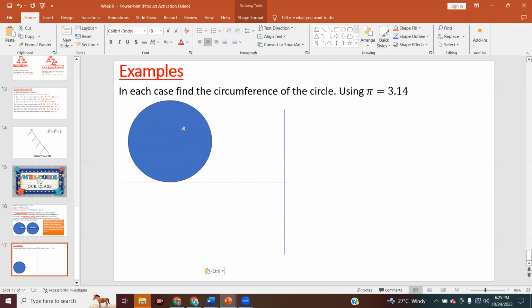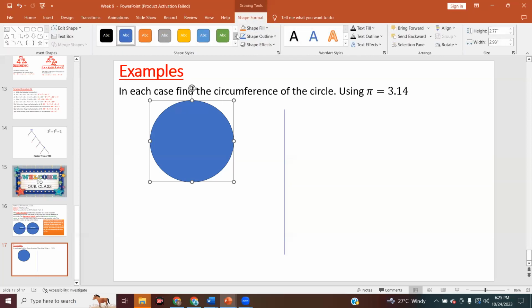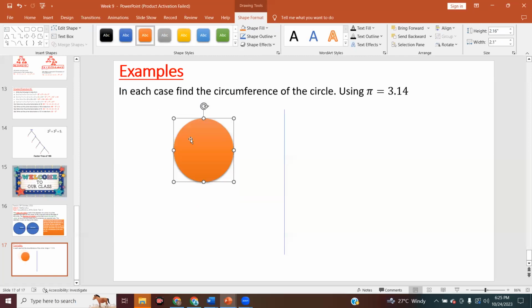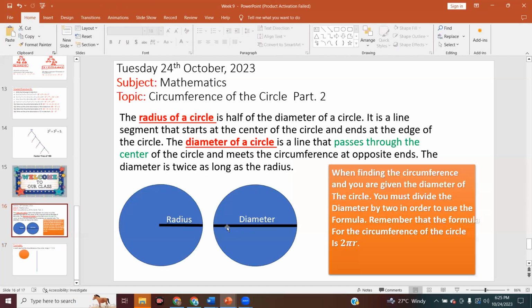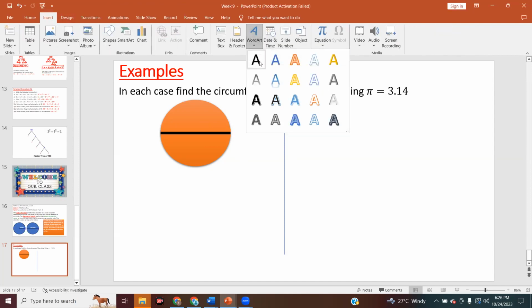Let's say that we have this circle, and we say that we have the diameter, like so.